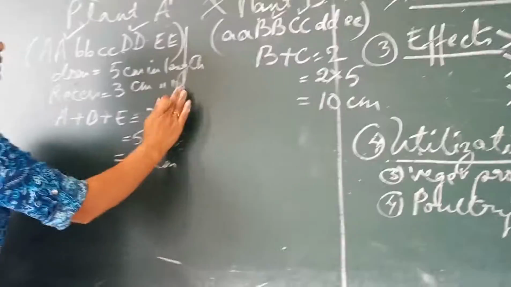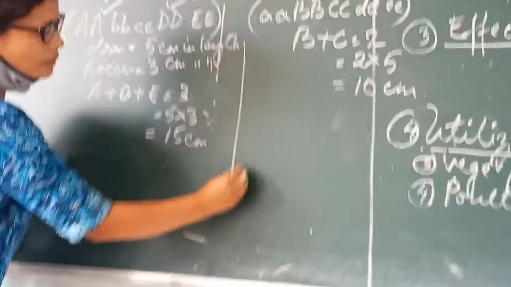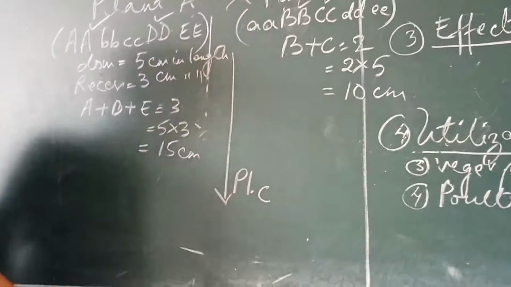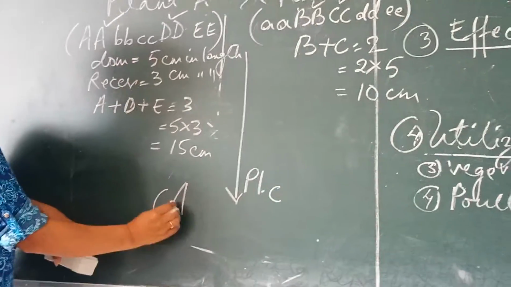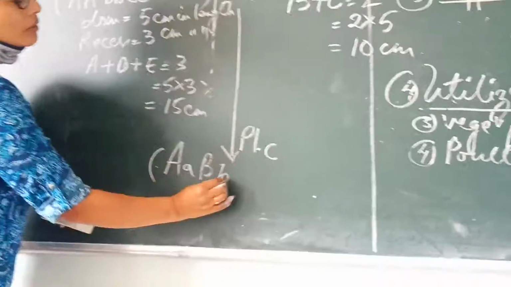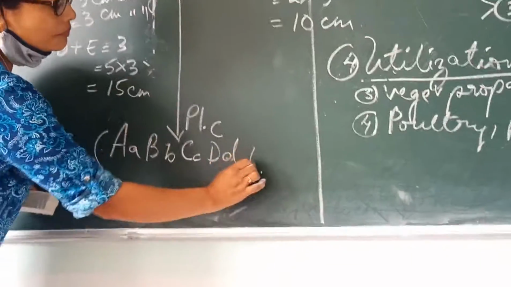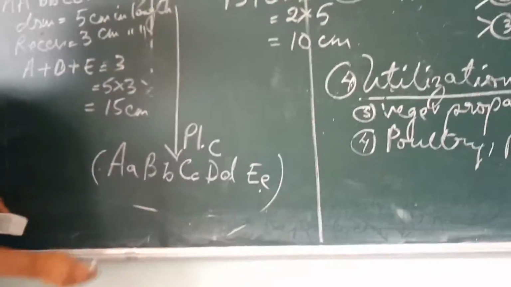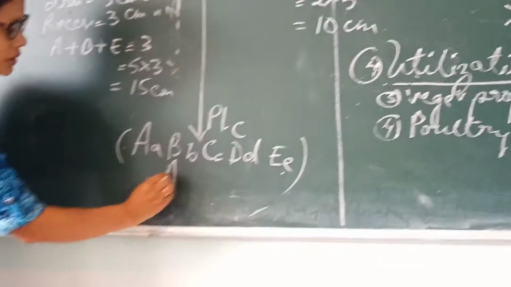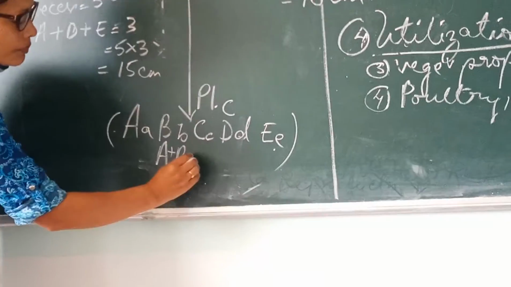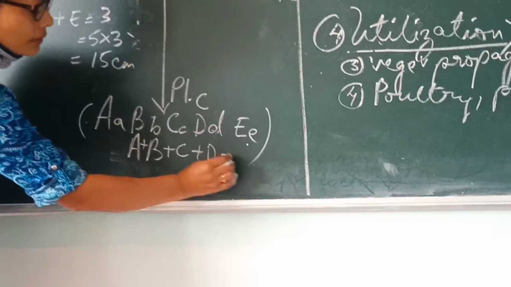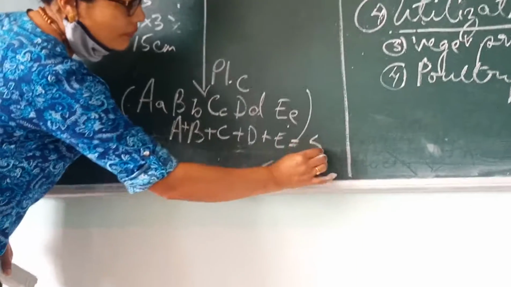What will be the height of this hybrid plant C? Plant C is getting all the dominant genes. So how many dominant genes? A plus B plus C plus D plus E, 5.